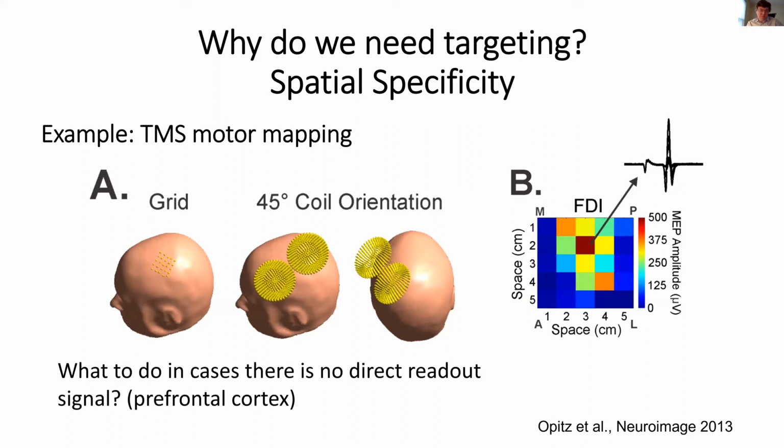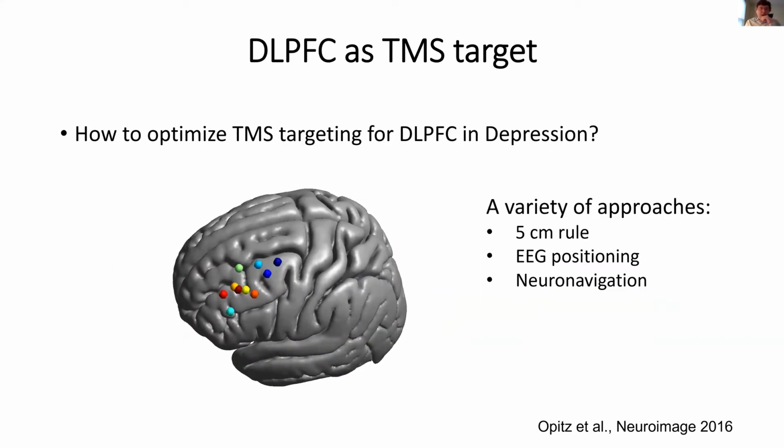For example, if you stimulate over the prefrontal cortex, a popular target, especially for psychiatric applications, you will not have such a direct readout. And so then, how do we place our TMS coil in this type of situation? This is an example of all those colored dots over the prefrontal region.